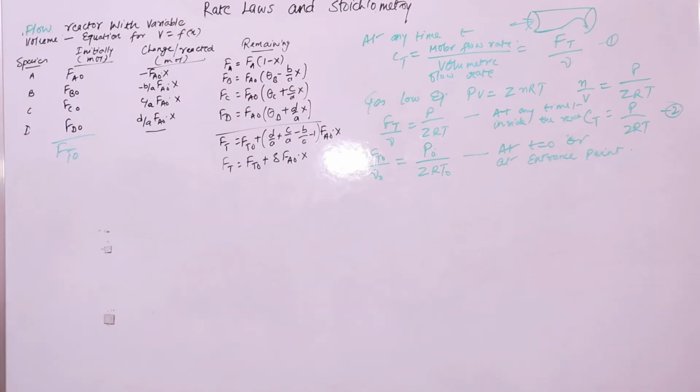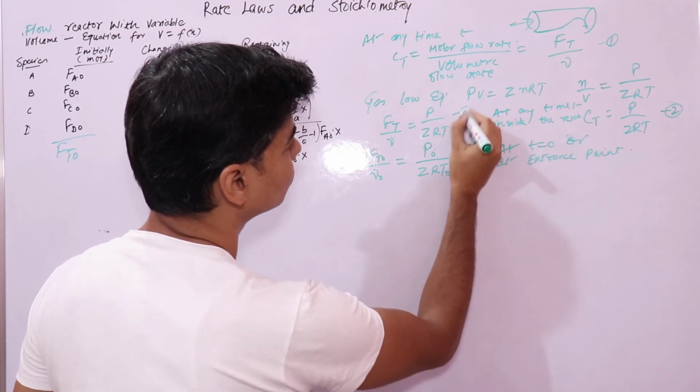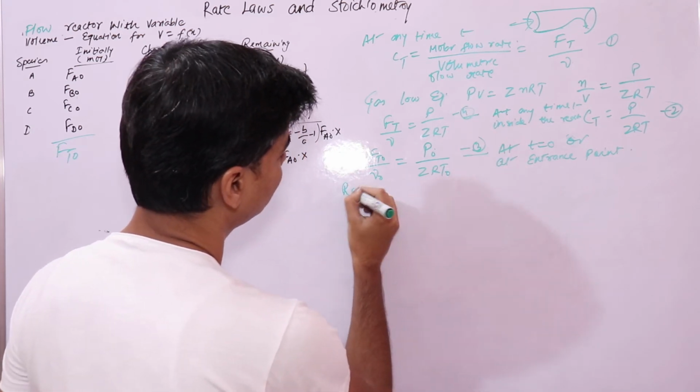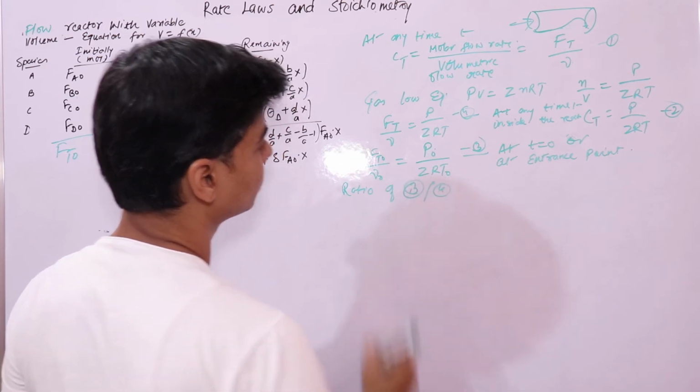Now these two are the equations. We would be dividing these equations, or we'll take the ratio of the equations. Let's call the first the third and the second the fourth. So we take the ratio of third to fourth.